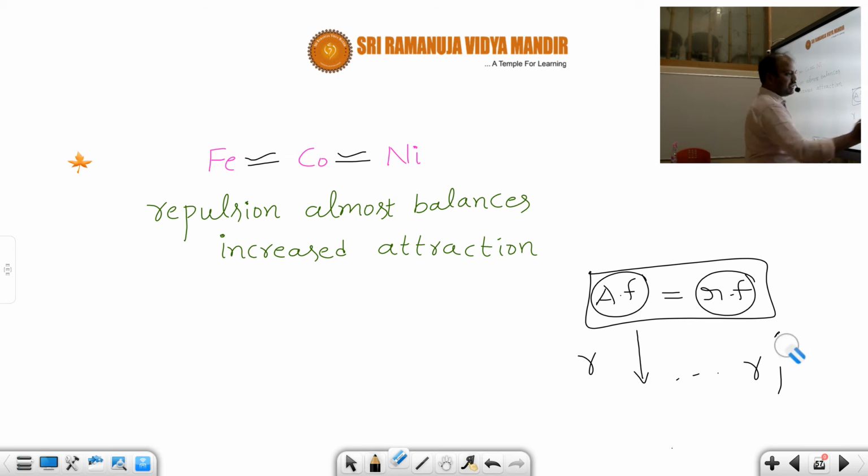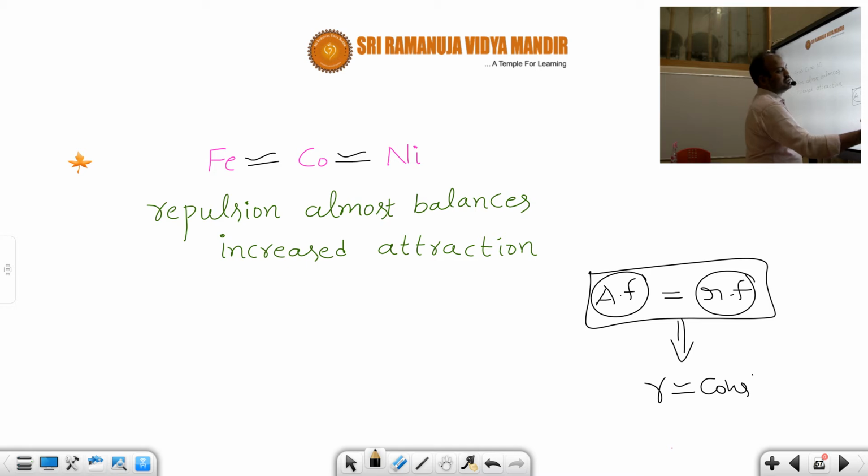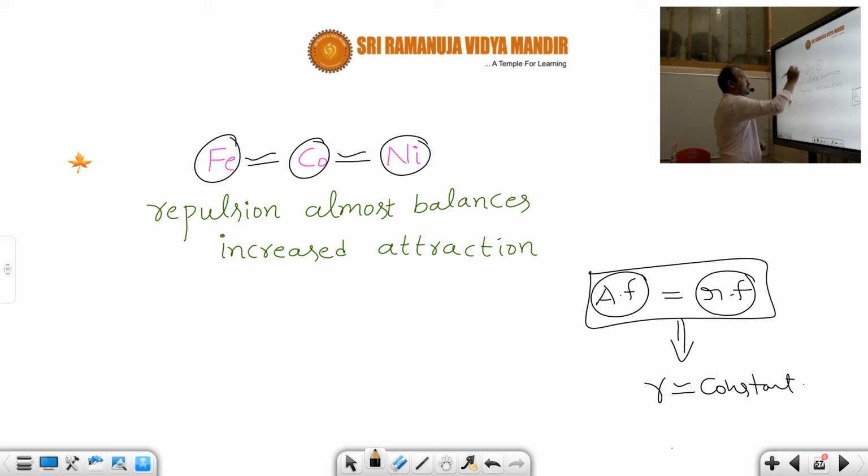That means how can we understand this? When the attraction forces are balanced with repulsive forces, the radius, the distance, is constant. That means the radius is almost constant. So that's why in the case of iron, cobalt, nickel, the atomic radius values are constant.